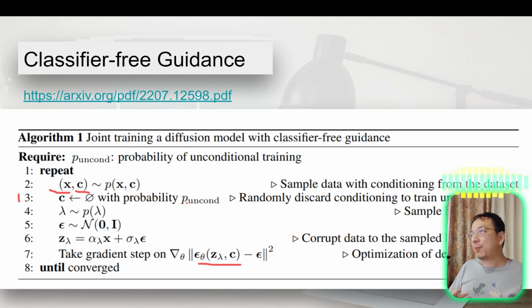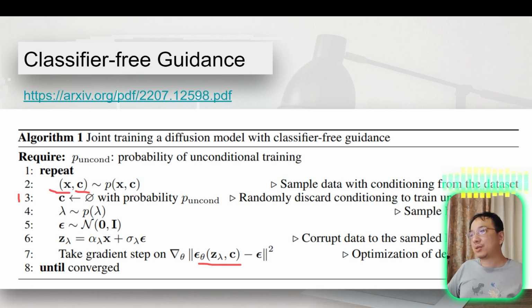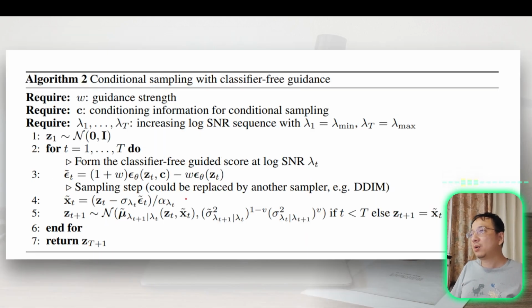And with some probability, we discard the condition totally and set the condition to be an empty condition. Then in this situation, we are training an unconditional sampling model. So that is the training procedure.